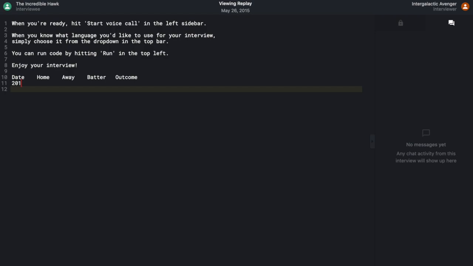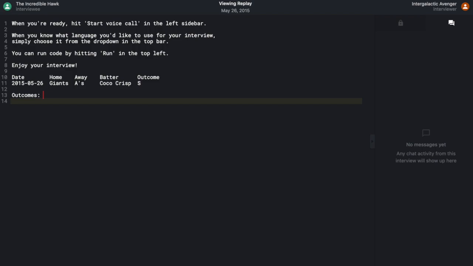So an example here might be today's game, which would be on the 26th. The home team was the Giants, and the away team was the A's, and the batter was Coco Crisp, and the outcome was that he got a single. So the outcomes will be like S is a single, which counts as a hit. D is a double, which is a hit.